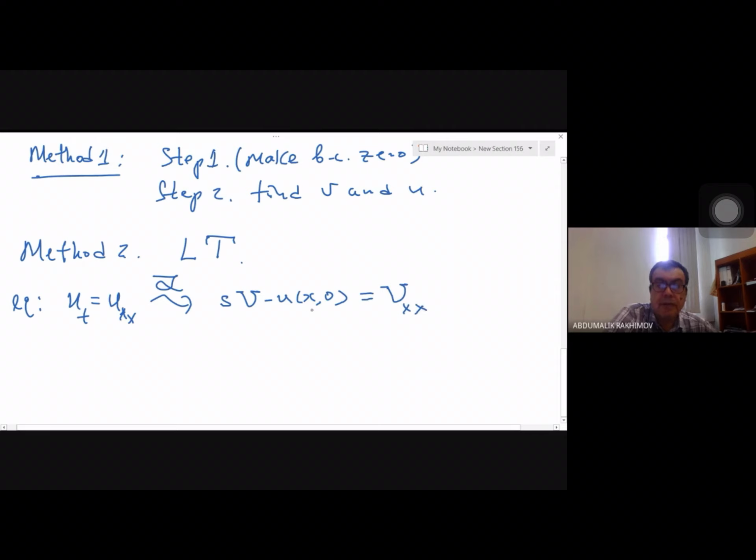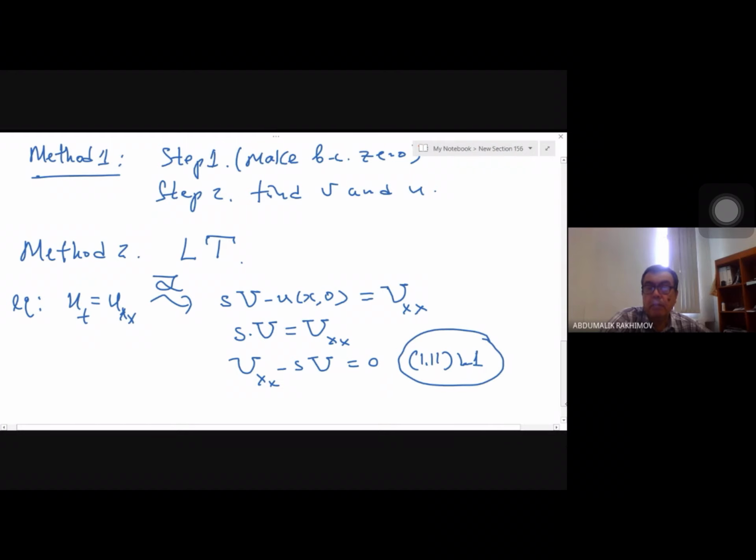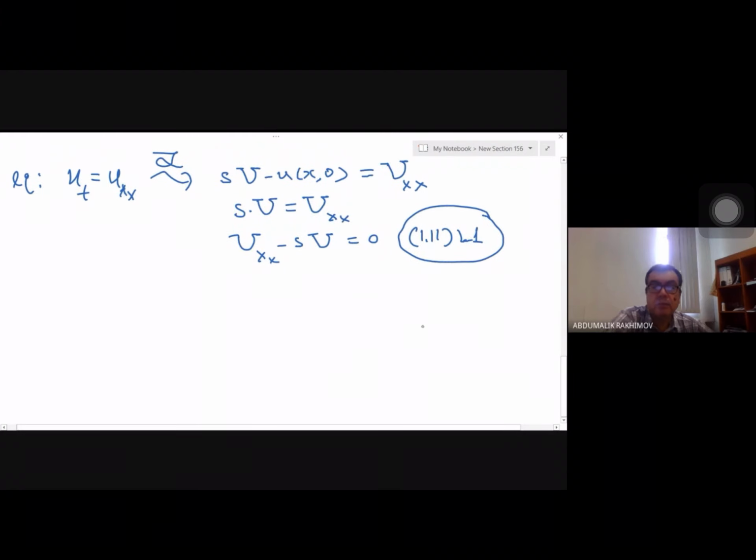Since u(x,0) is 0, your equation will be s times U capital equals Uxx. You can rewrite this equation as Uxx minus s times U equals 0. This is exactly equation 111 in lecture number 1.